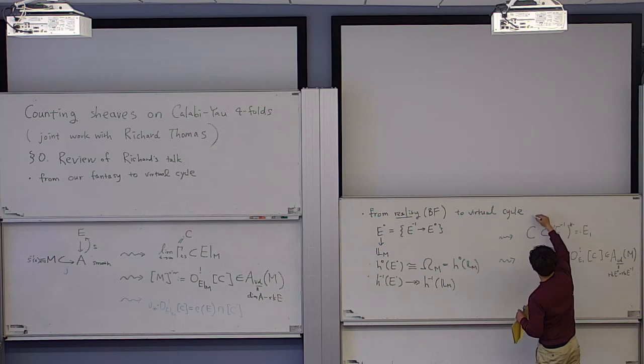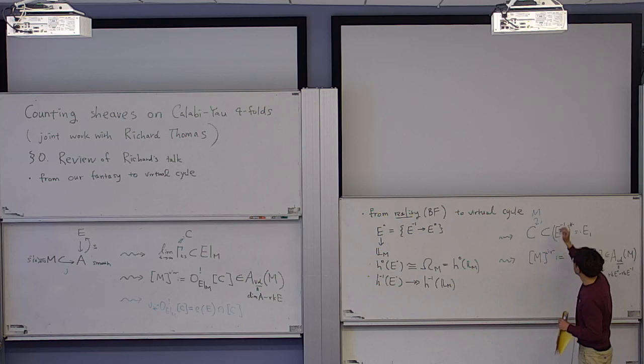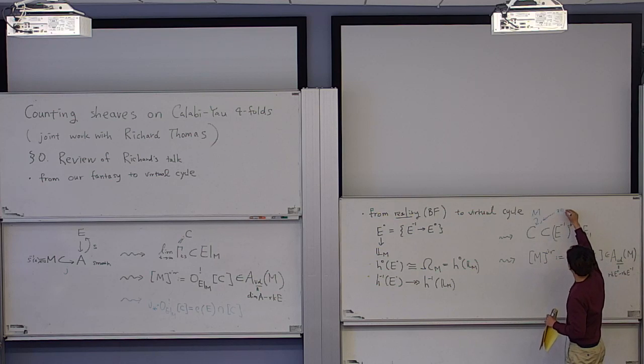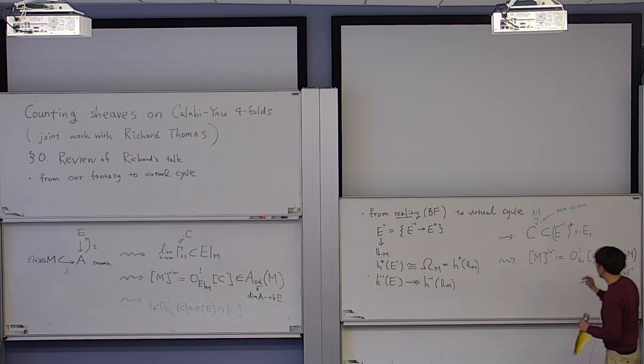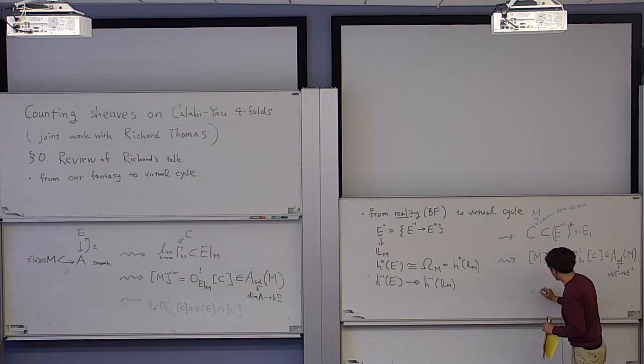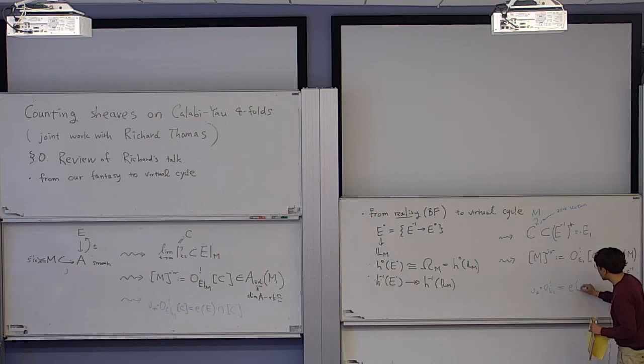So here we have an embedding of M into C as a zero section, this zero section. Then again, we have an Euler class expression, where phi is a projection.